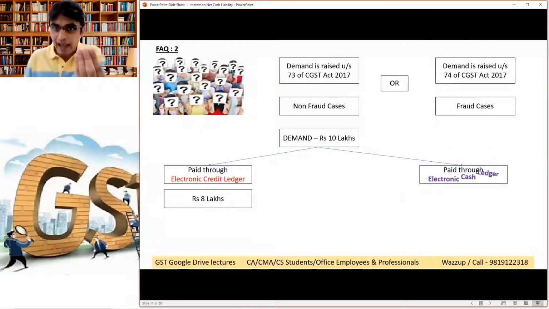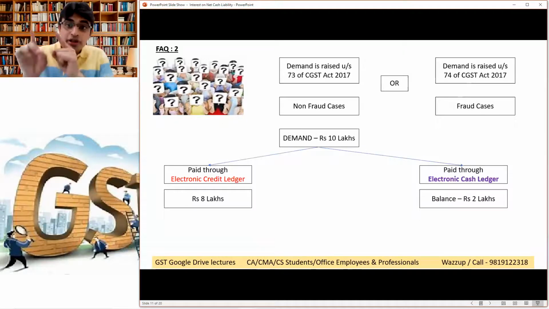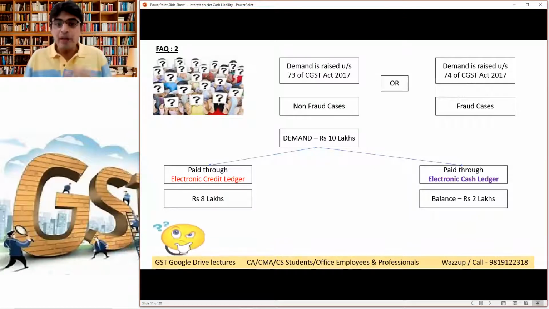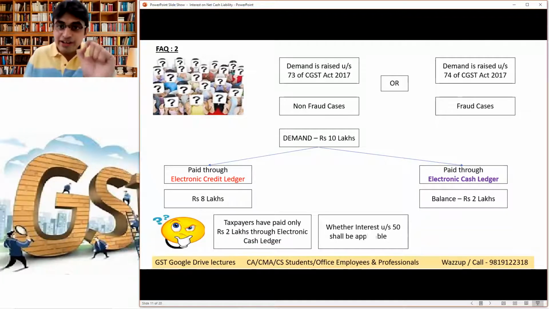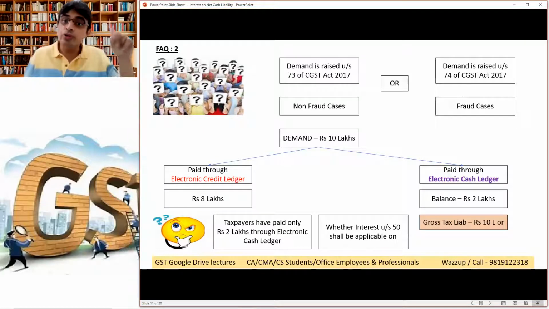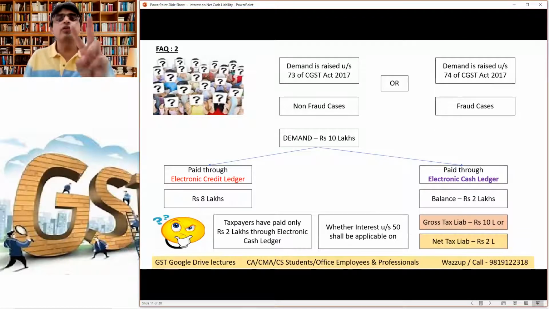So this 10 lakh, I paid 8 lakh through my credit ledger and 2 lakh through my cash ledger. My query to all of you: taxpayers have paid only 2 lakh through cash ledger. Will interest under section 50, 18%, be applicable on gross tax, that is 10 lakh, or on net tax, that is only 2 lakh?